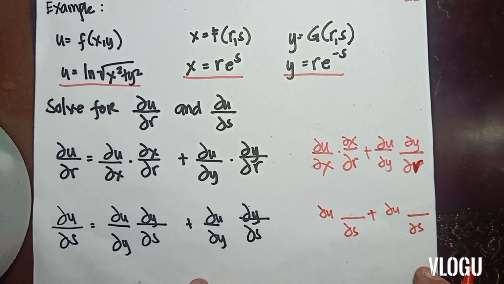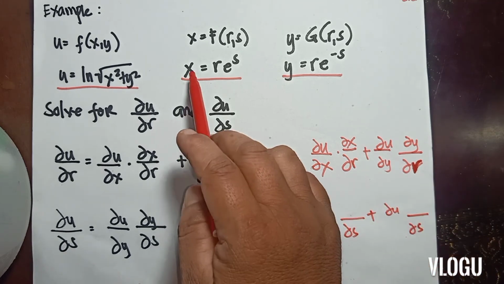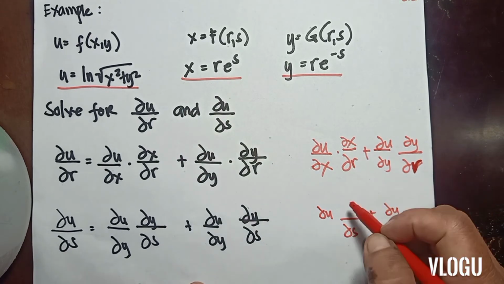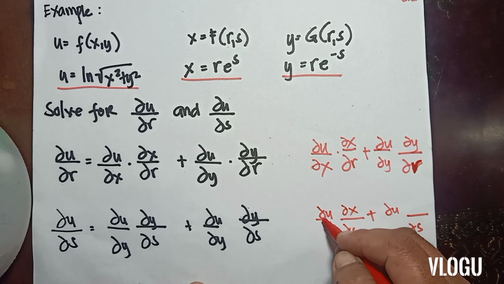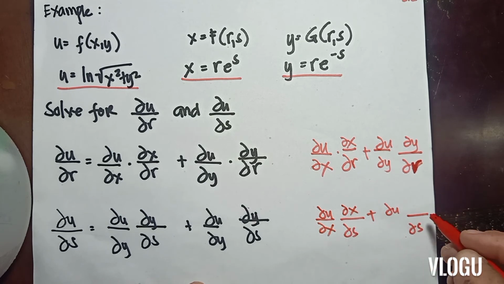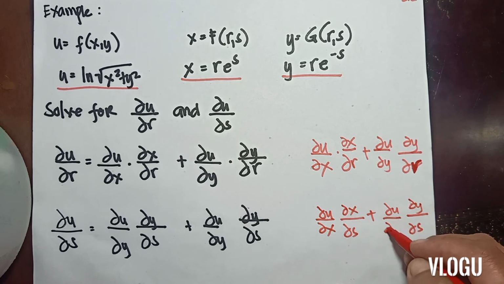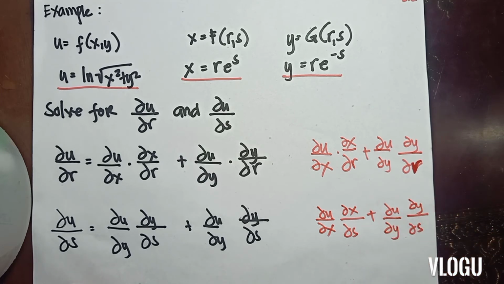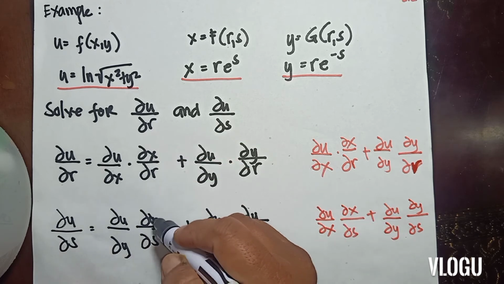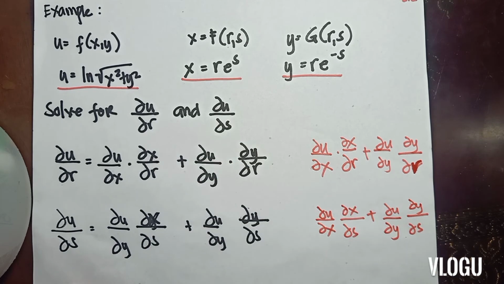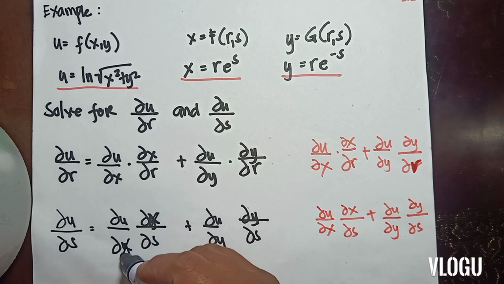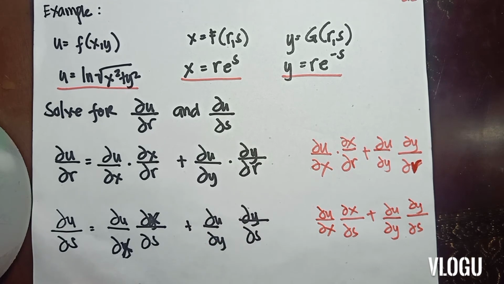Then, what are your two variables? x, y. So, you will have to do dx over dx, then dy over dy. So, this one is dx, then this one is dx.